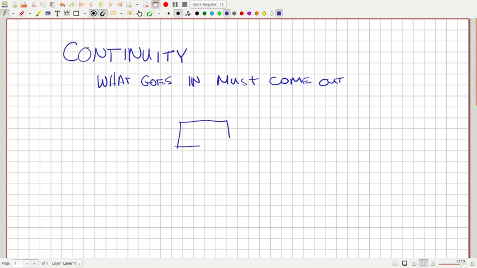So let's say that we have this little box that's a section of river. We have some water that's going in, Q in, and some water that's coming out, Q out. If Q in is greater than Q out, then the surface of the water is going to rise. If Q out is greater than Q in, the surface of the water is going to fall.